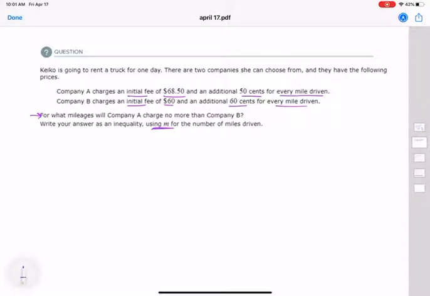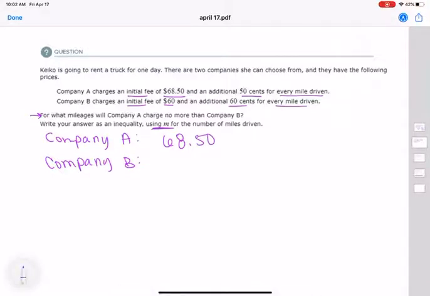I am again just going to start by making my equations, and then I'll set up the inequality later. I'll figure out company A and company B. A is the initial fee of $68.50, then the additional 50 cents.